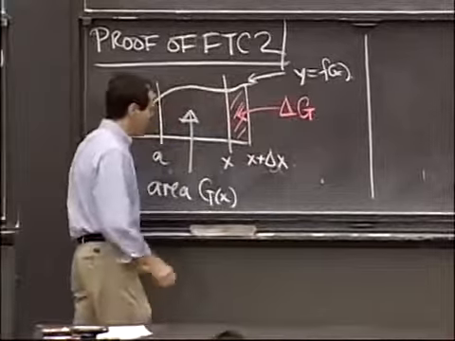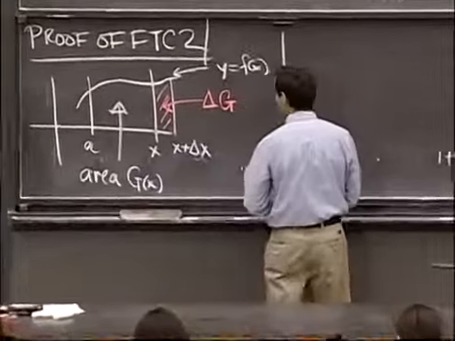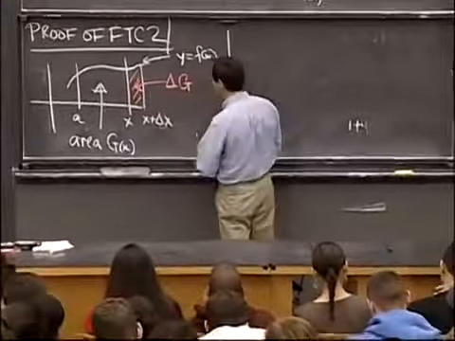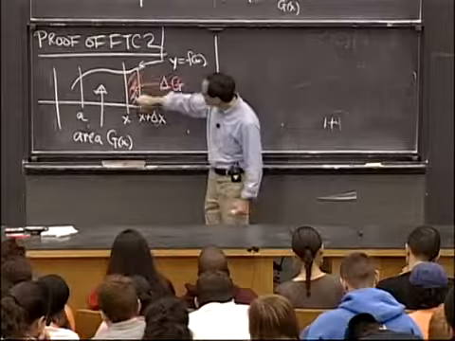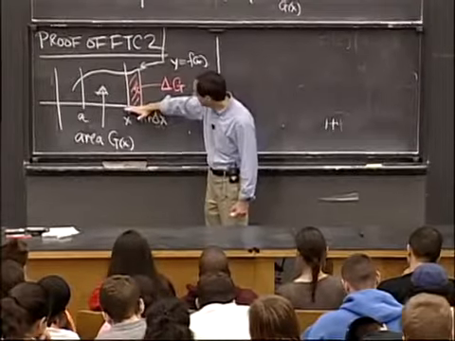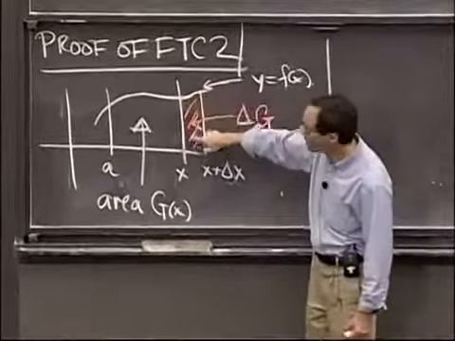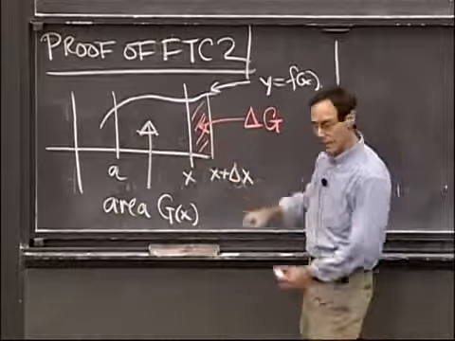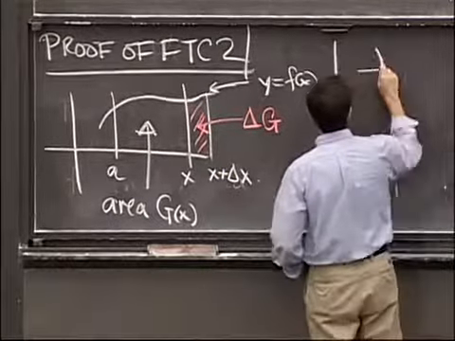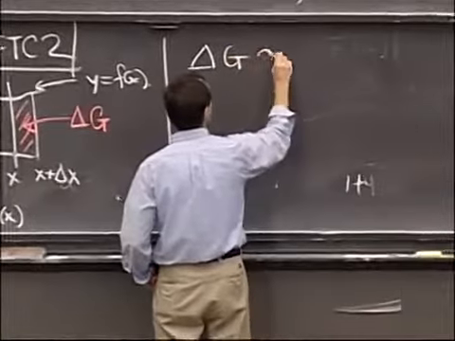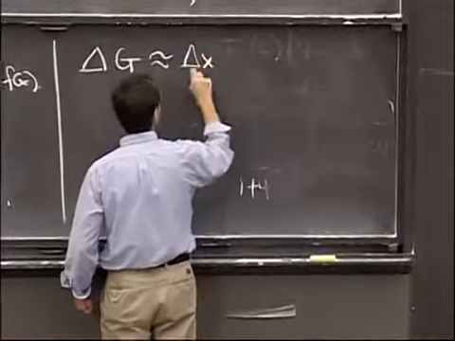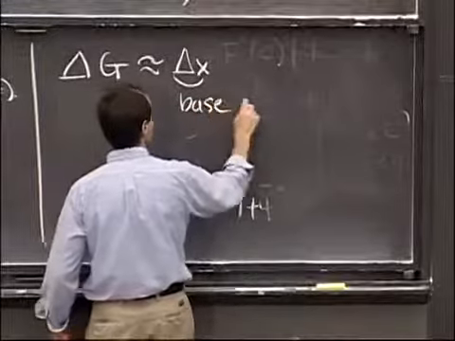And now I am just going to carry out a pretty standard estimation here. This is practically a rectangle, and it's got a base of delta x, and so we need to figure out what its height is. This is delta g, and it's approximately its base times its height.